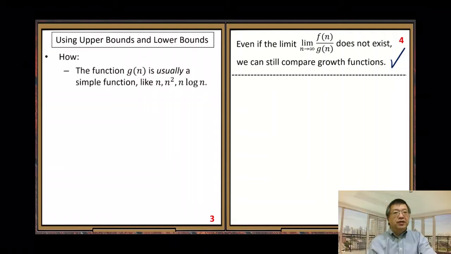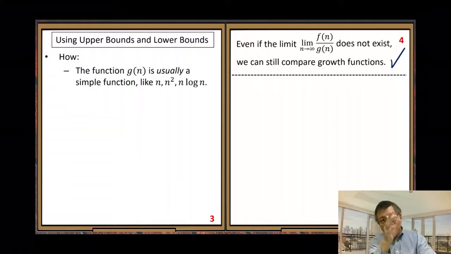G of n, the denominator, usually we want to use a relatively simple function, like n squared or n log n.